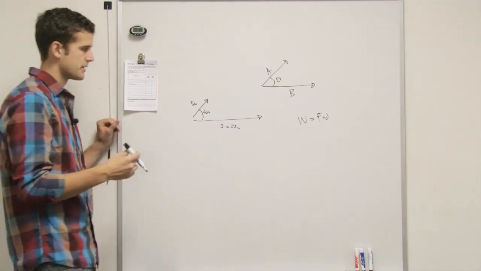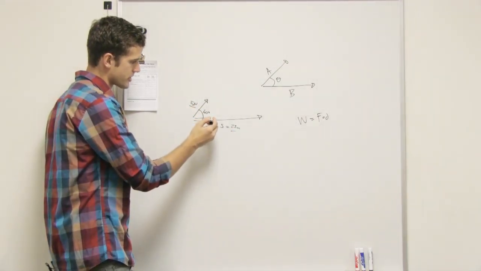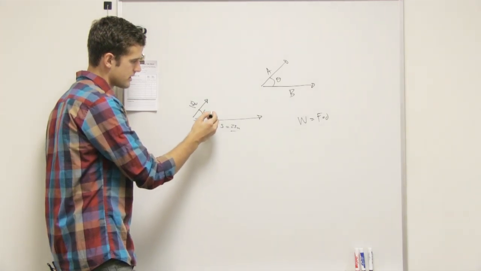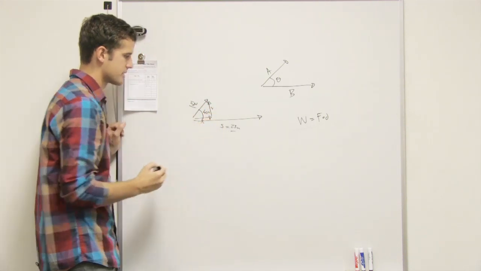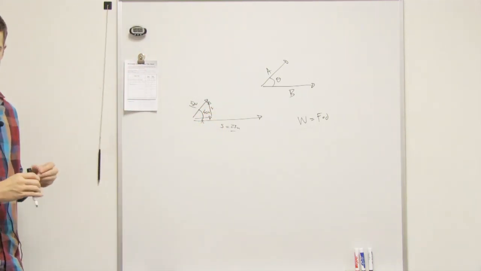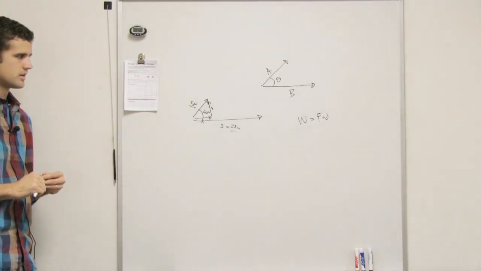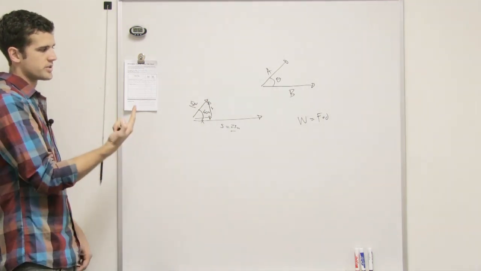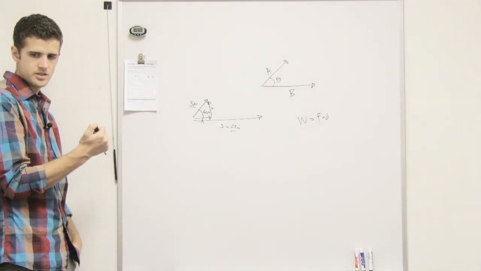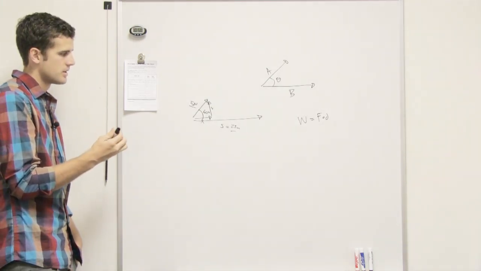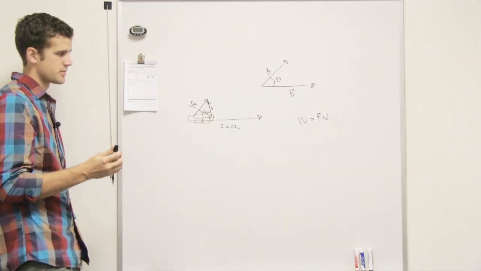This time, instead of just force times distance, you have to find the force in the direction of the distance. There's a y component and an x component. Which one will you use? The y points straight up, so it doesn't go in the direction of the distance at all. So you always want the one that's parallel to the displacement.